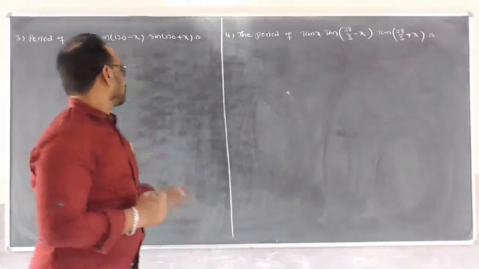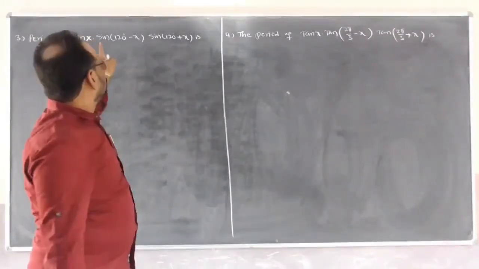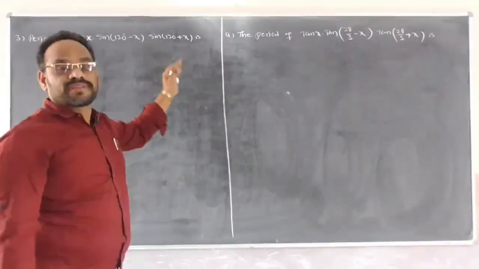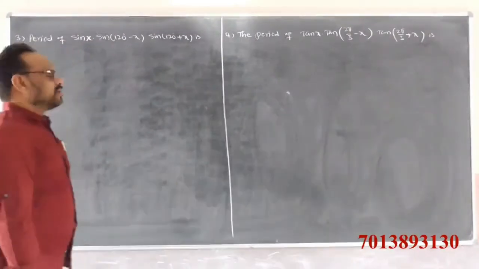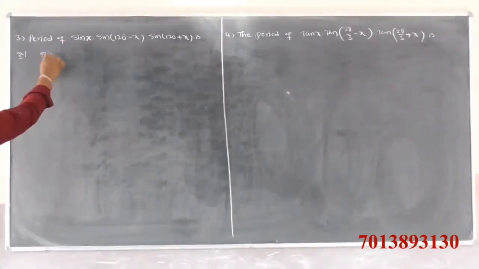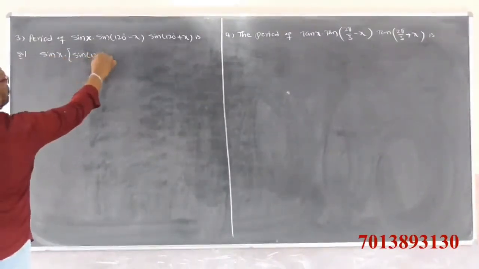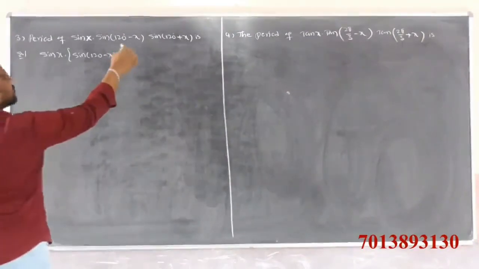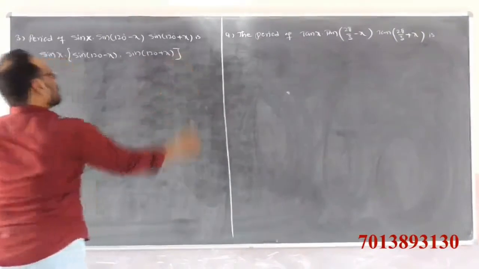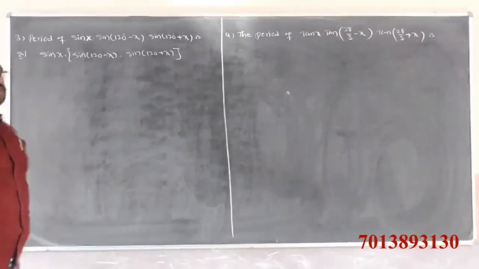Next problem, observe here. We want the period of sin x into sin(120 minus x) into sin(120 plus x). Solution: it is in the form of sin(a minus b) into sin(a plus b).